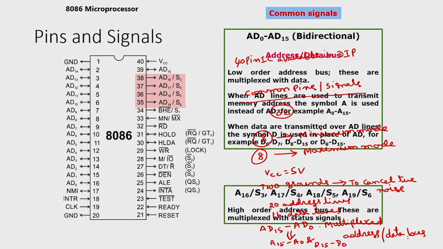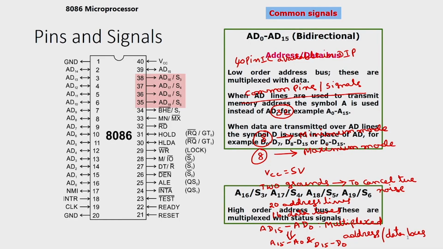Now, coming to the other signals, the clock. The microprocessor requires a 5 megahertz clock. In the case of the simple 8086 there are two versions; the other versions require 8 megahertz and 10 megahertz. This clock has to be generated using an external crystal oscillator. There are different ways to generate a clock signal, such as Colpitts oscillator and Hartley oscillator, but normally for the microprocessor we use the crystal oscillator because crystal oscillators are more stable.